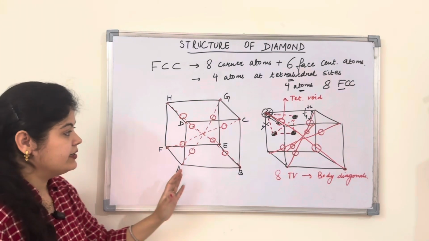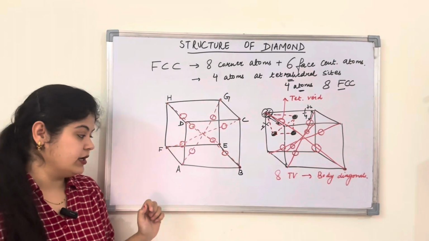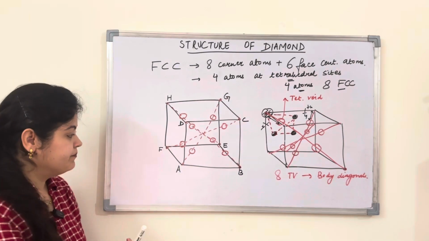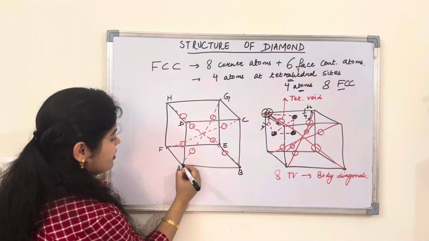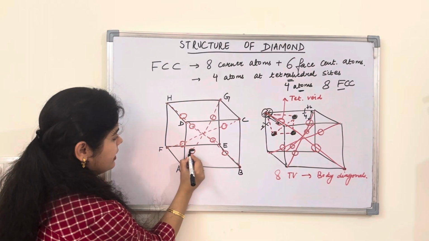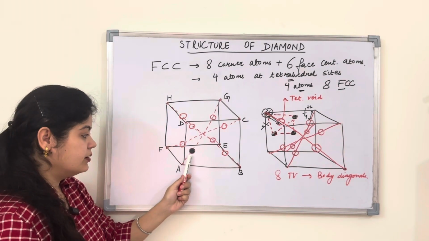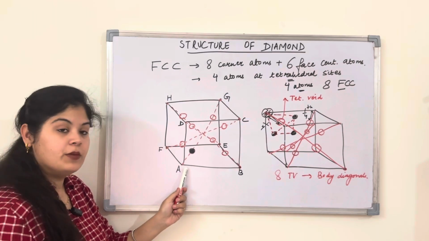Okay, so now let us understand where are basically these 4 atoms located. So starting with point A. So we have to fill the alternate voids. So if I fill this one, like we have an atom here at the void which is located at the distance of 1/4 from A.